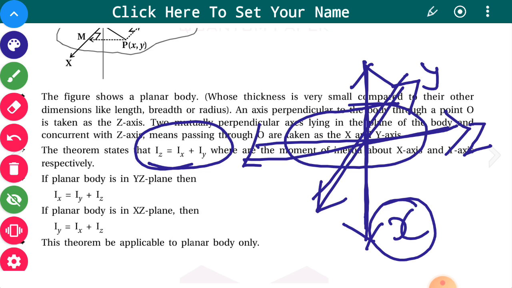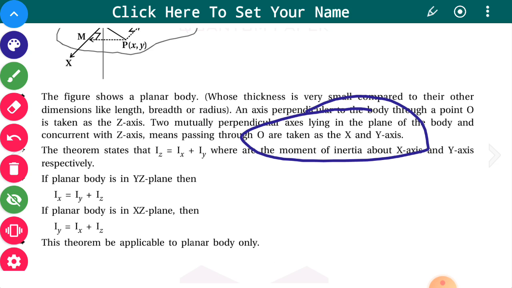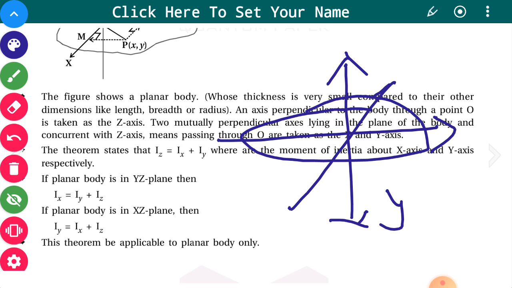And similarly, if the y axis is perpendicular, and you have the x and z axes in the plane of the planar body, then Iy is equal to Ix plus Iz.